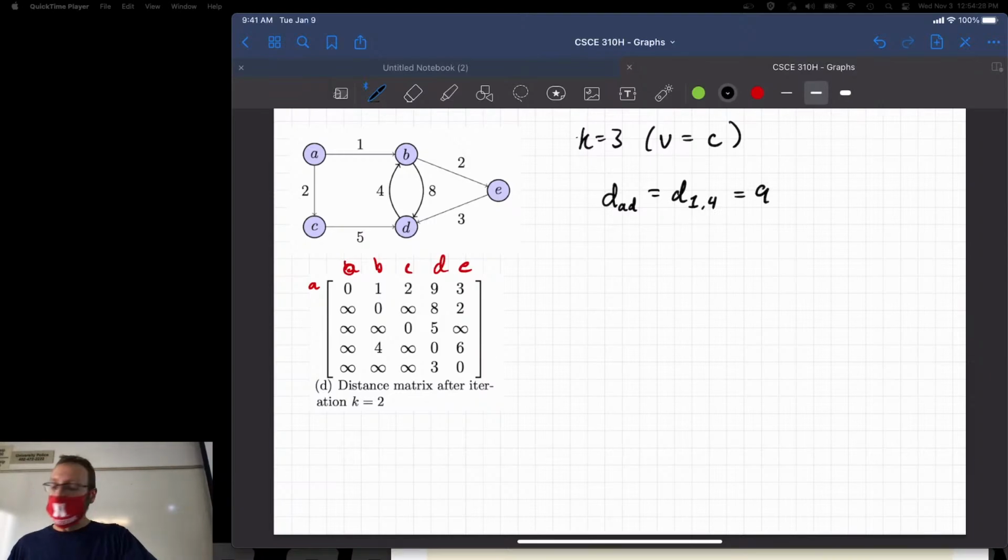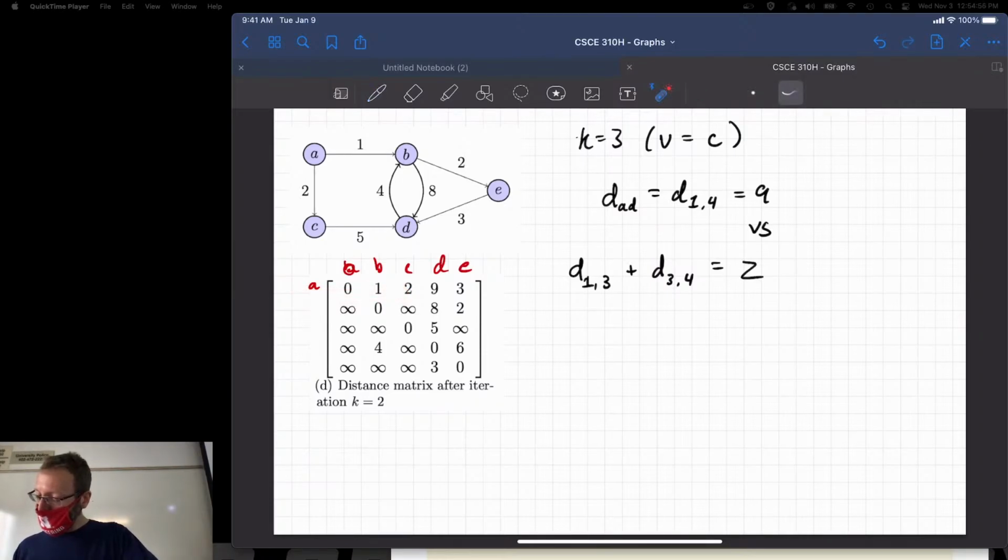But now I'm asking whether, if I use C as an intermediate vertex, I can do better. This is basically asking d sub 1, 3 plus d sub 3, 4. Is that better than this up here? Well, all we have to do is look it up. I can go from 1 to C at a cost of 2.